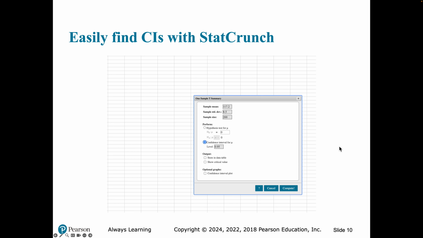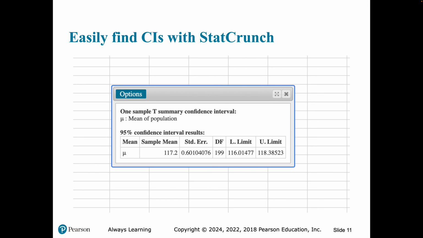Click the confidence interval for mu, make sure it's set at 0.95, which it will be, hit compute, and you'll see that you get the sample mean, standard error. Notice the DF, the degrees of freedom, 200 minus 1 is 199, and we get the lower limit and upper limit of the confidence interval as calculated before.